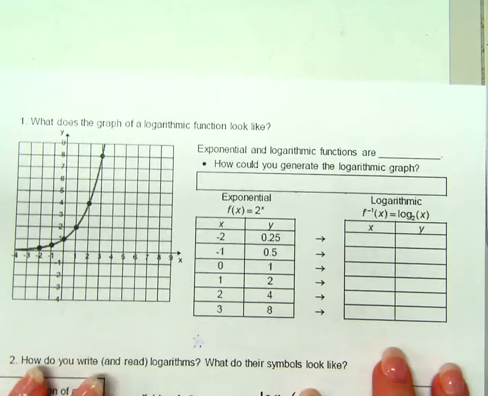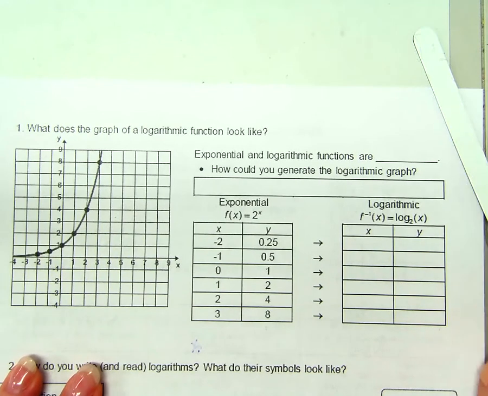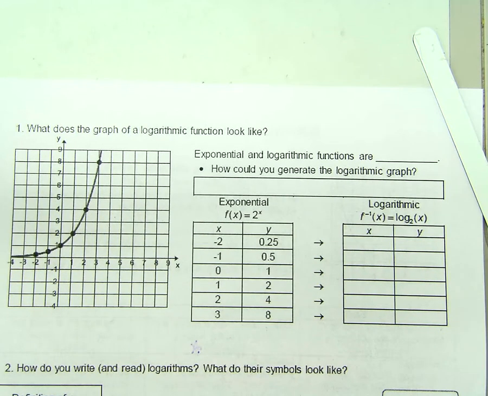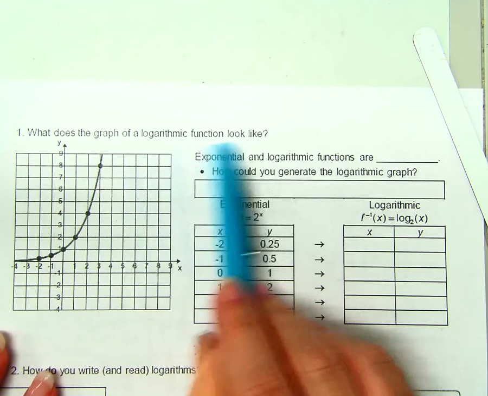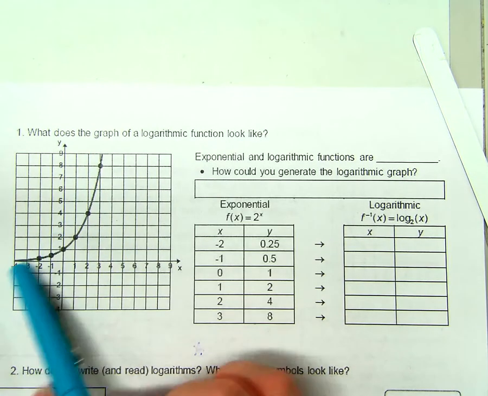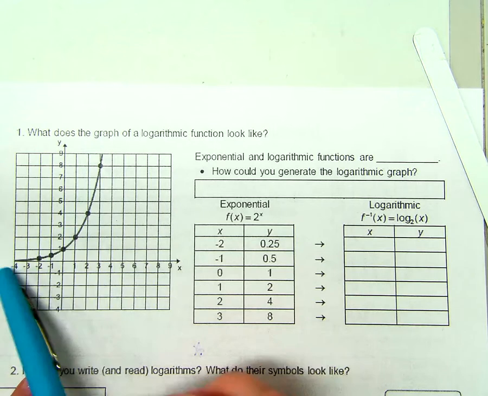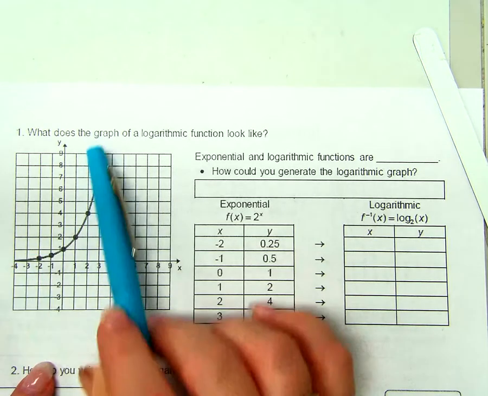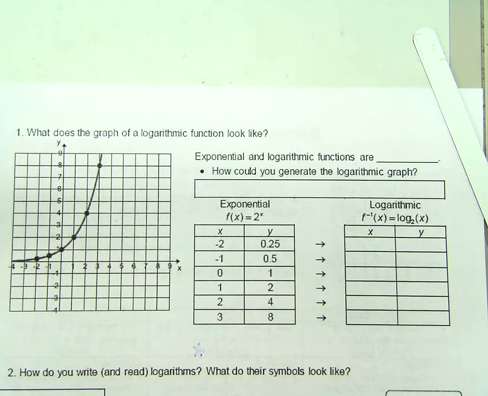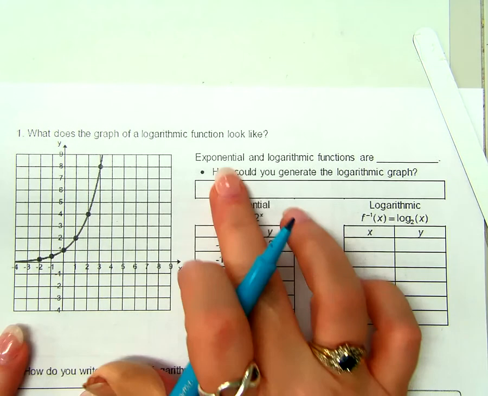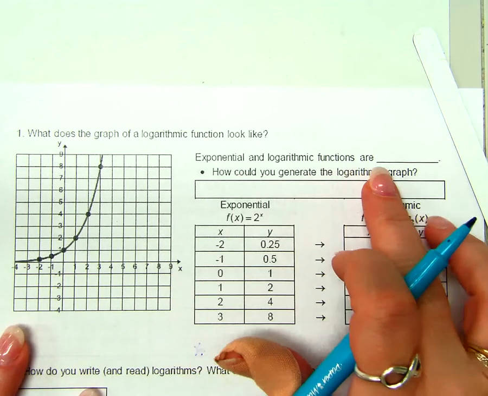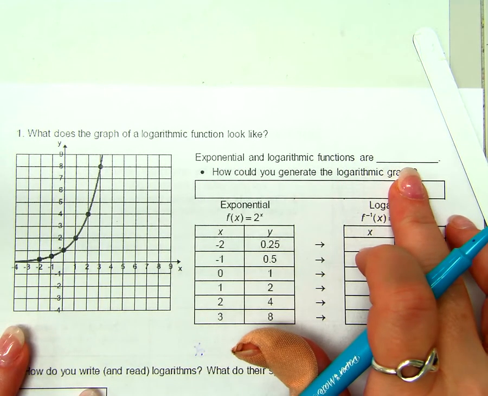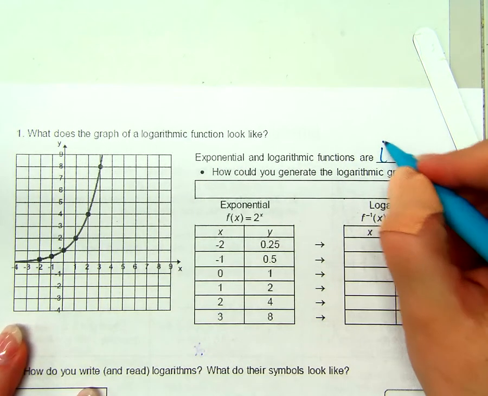Okay? Now turn your paper over. Because guess what it talks about at the top of the next page? What does the graph of a logarithmic function look like? Well, what graph is this? Yeah, that's an exponential function, what we just did last unit, right? But we know that exponential and logarithmic functions are inverses.